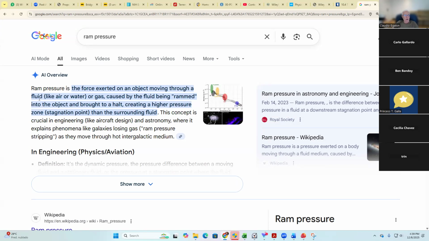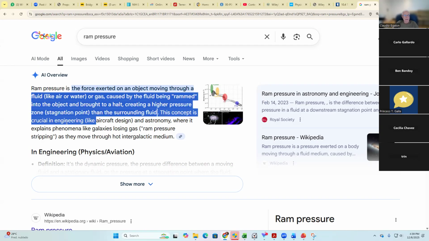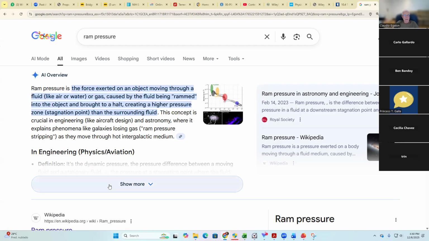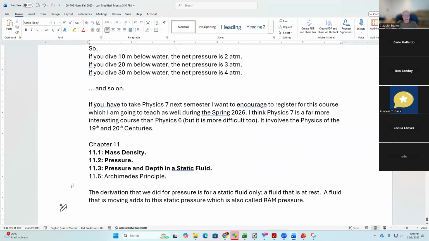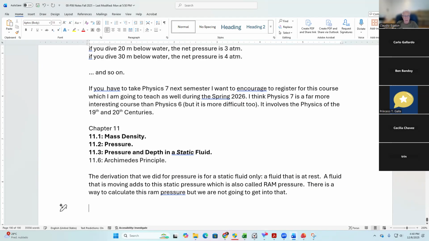Fluid or gas caused by the fluid being rammed into the object. That's what ram pressure is all about. There is a way to calculate this ram pressure, but we are not going to get into that.